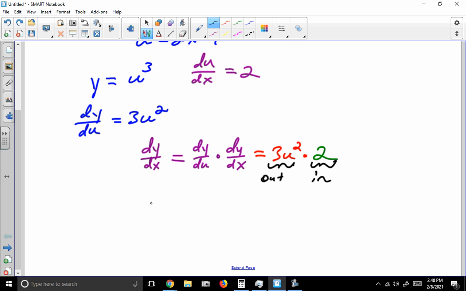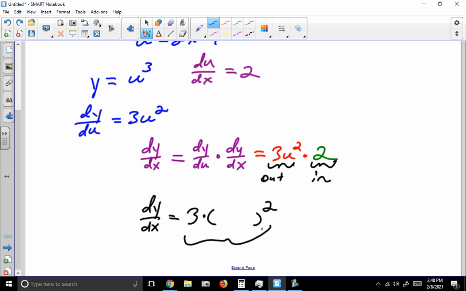But it's a little bit more complicated than that, because when we do that, what goes on the inside? Well, u, we can't just leave u here. We need this in terms of x. So what was u? So let's write our 3. Our 3 came down to the one less power.